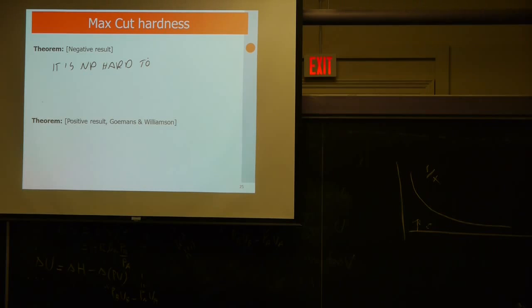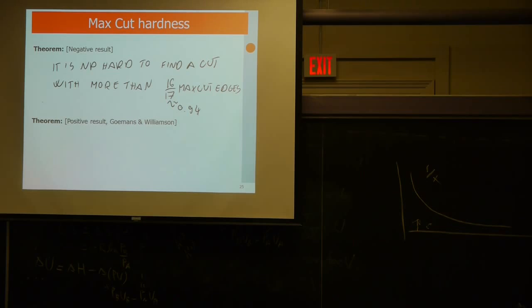But it's also NP-hard to find a cut with more than 16/17 of the max cut edges. So you can prove that too. So not just that max cut is NP-hard, but this is NP-hard too.